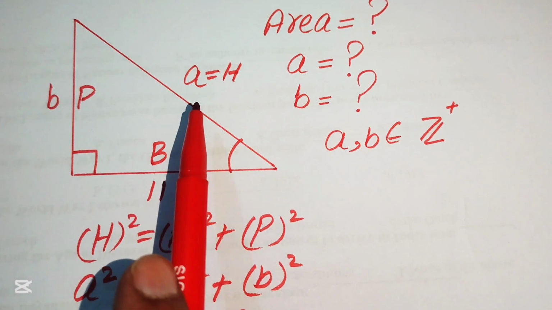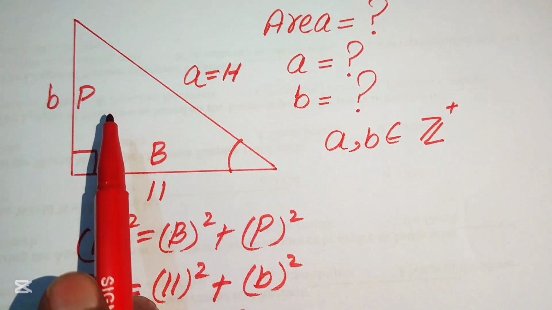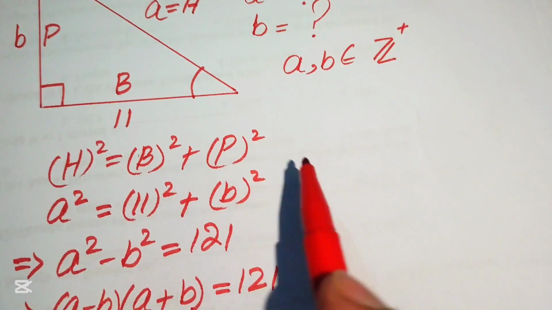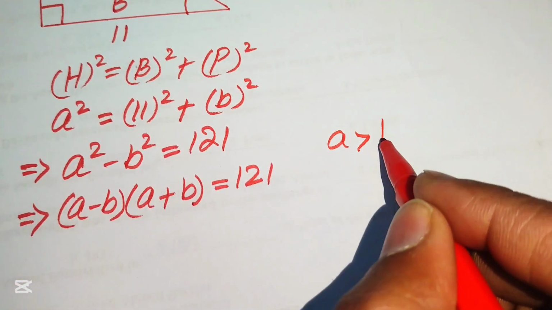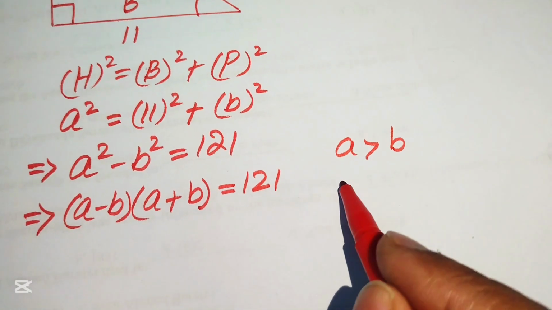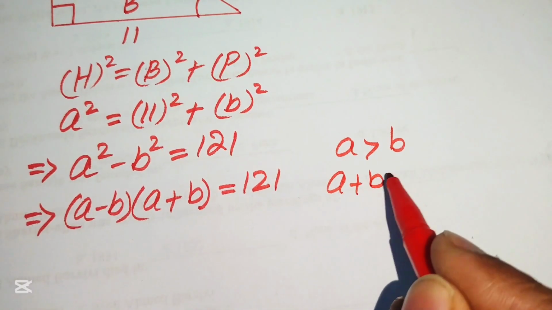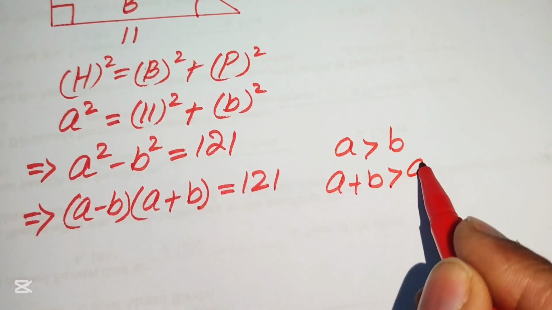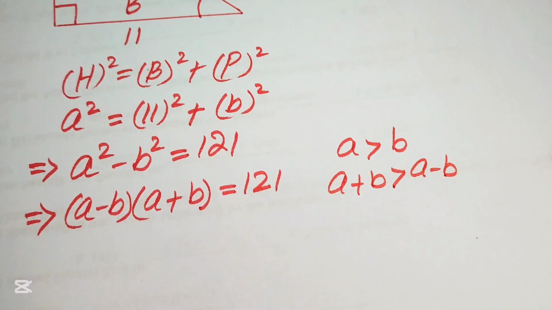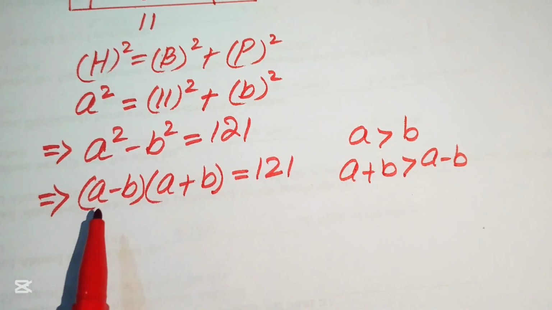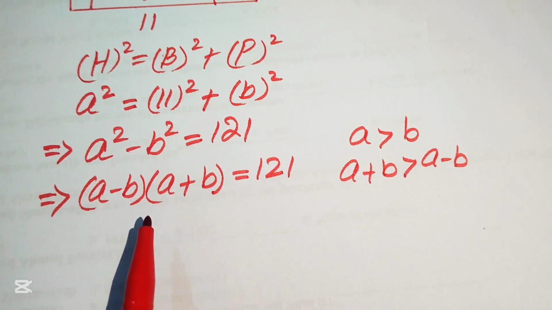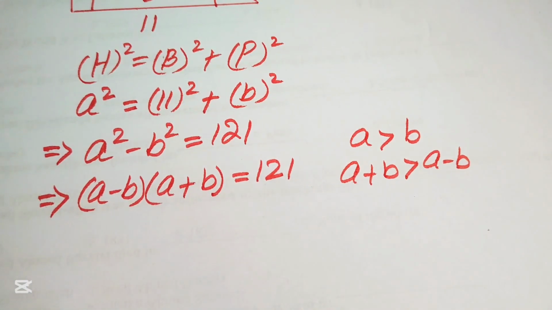So the length of A must be greater than the length of B, and if we add A plus B, then it is also greater than A minus B. So the factor A plus B is greater than A minus B, or the factor A minus B is less than the factor A plus B.